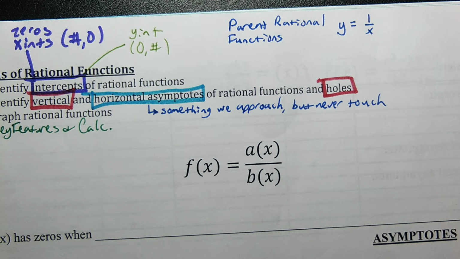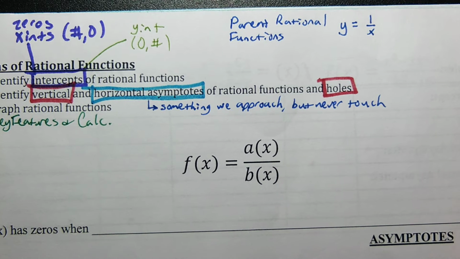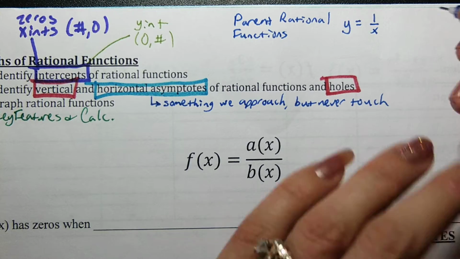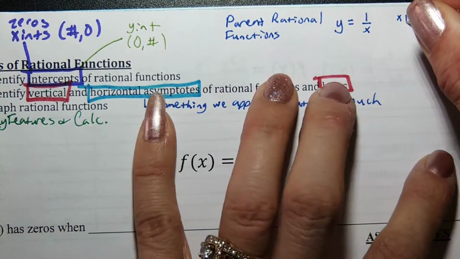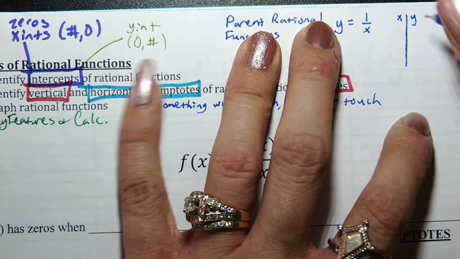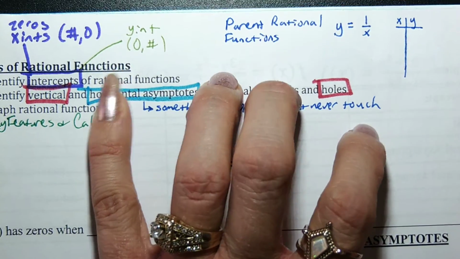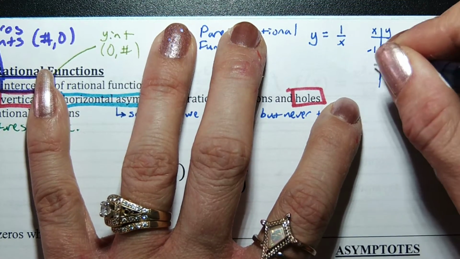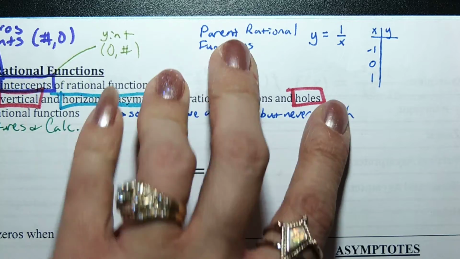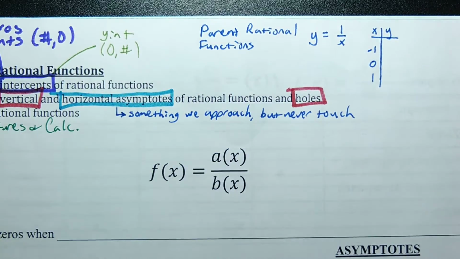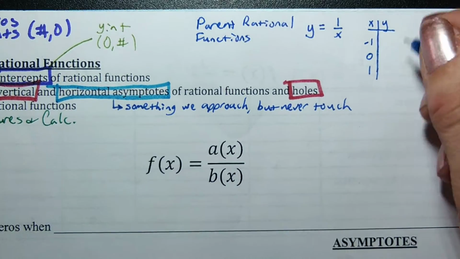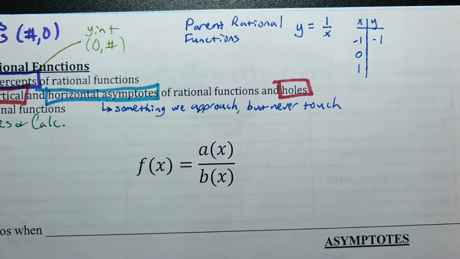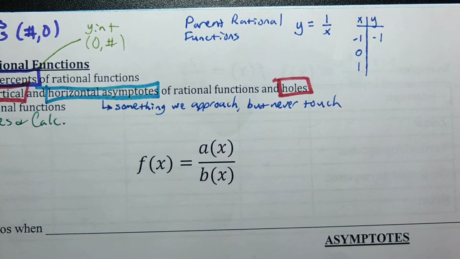So rational, fractional. Now, if I told you to graph this, your first instinct would probably be to plug in those 3 favorite values that we used for all of the other parent tables. -1, 0, and 1. So if I plug in -1, 1 divided by -1 is -1. What happens if we plug in 0?